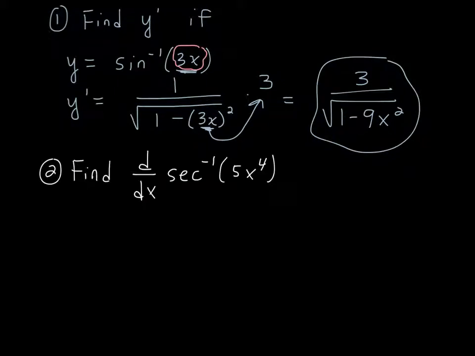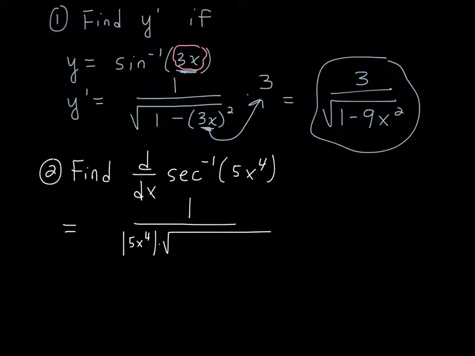Okay, in our last example here, we are looking to find the derivative of inverse secant of 5x to the 4th. So for this problem, recall if we're talking about inverse secant, it's once again going to start with a 1 over piece. Then we have the absolute value of whatever is on the inside, so whatever our angle is, and then times the square root.